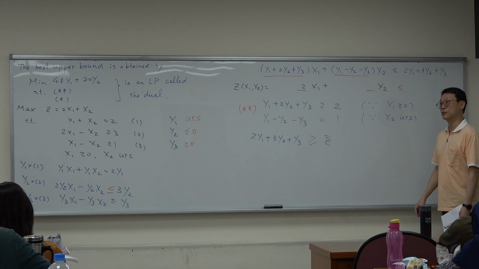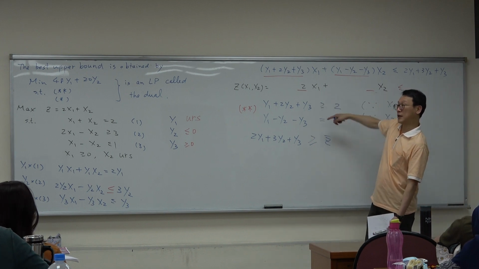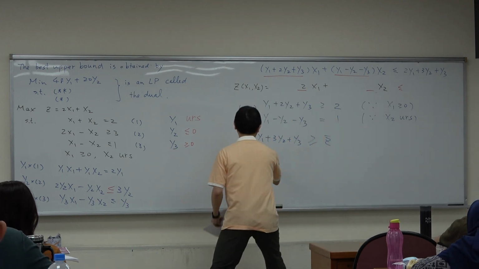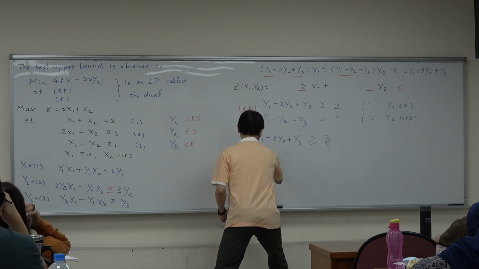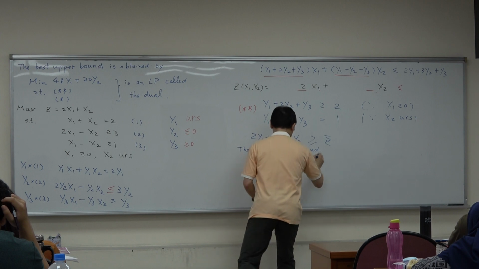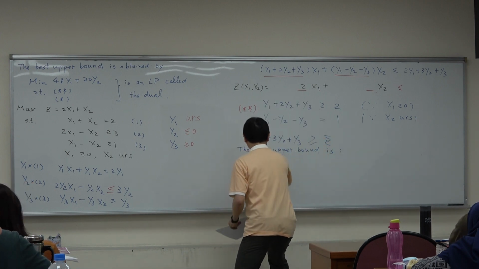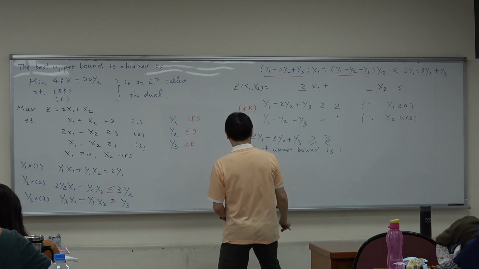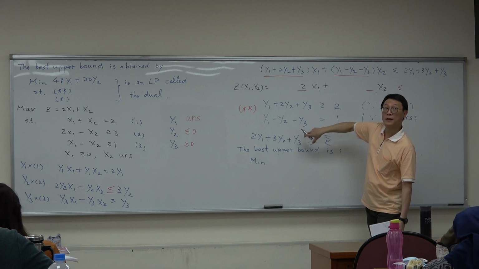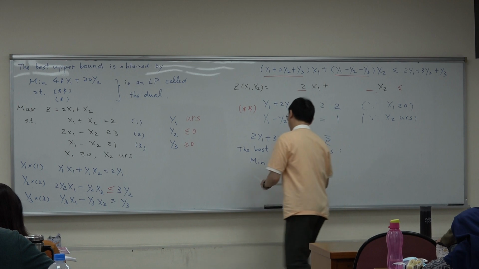So right now we want to rewrite it again, and then transform this into the dual of this. One more problem. Since that's an upper bound, and we want to find the best one, we want to minimize this upper bound.